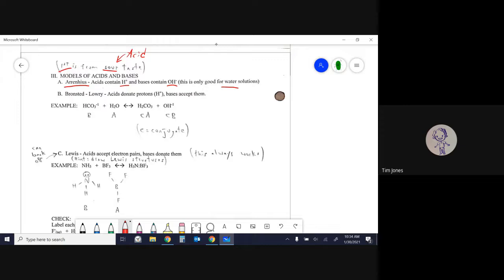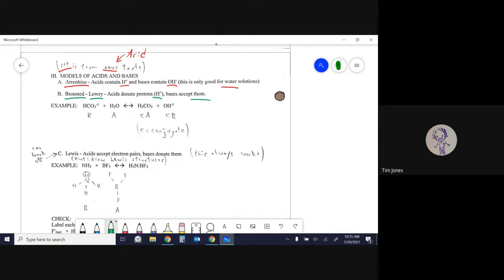but it doesn't cover them all. So then along came a guy named Bronsted and another one named Lowry that worked together. It's two different people. They modified this a little and they said protons. Remember, proton and H plus is the same thing, and bases accept them.